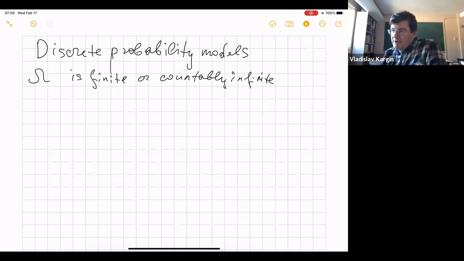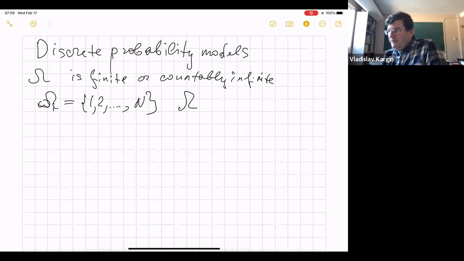And so, all the intuition is usually enough to just look at the finite case, something like that one. I don't know, n, the largest element. But sometimes we will look at the situation when we have an infinite number of outcomes, like when you throw a coin and count the number of tails before you see the third head.